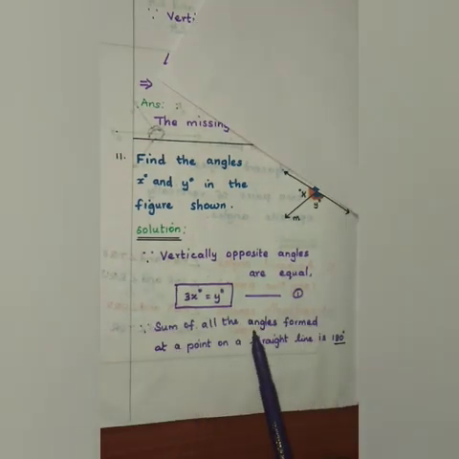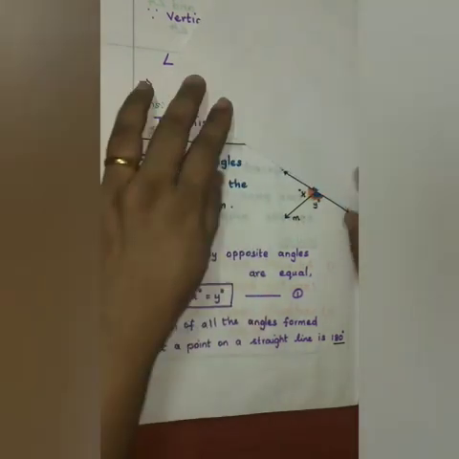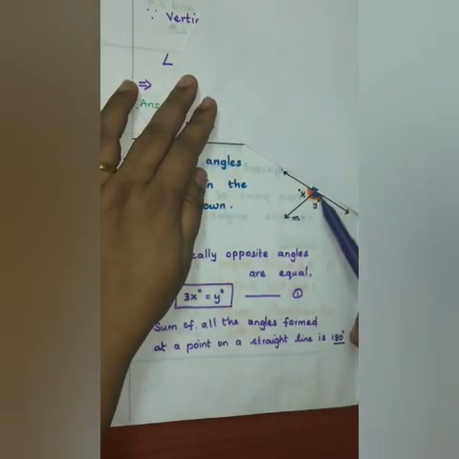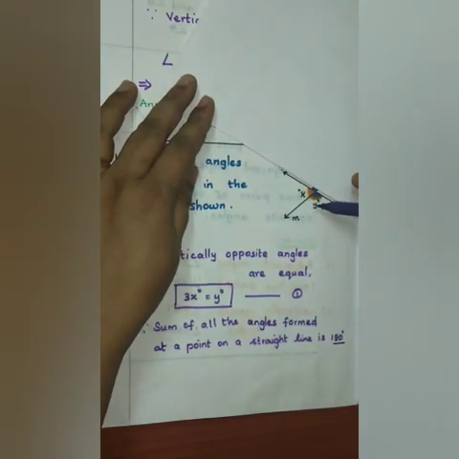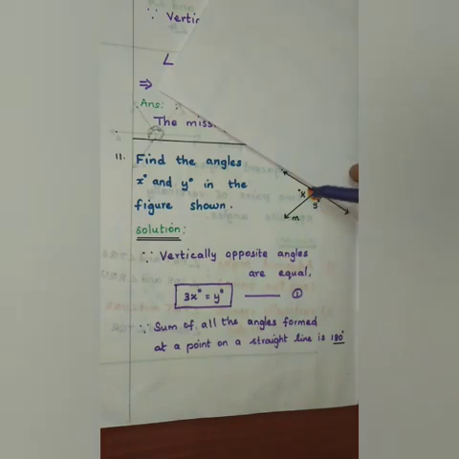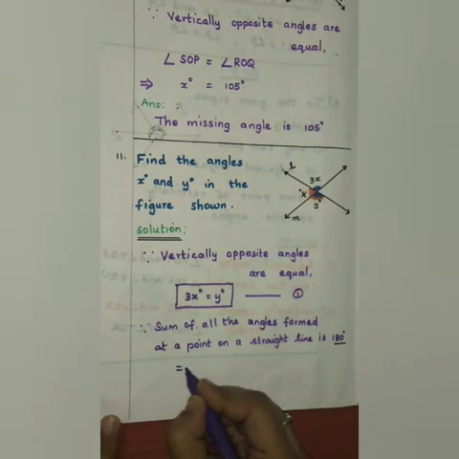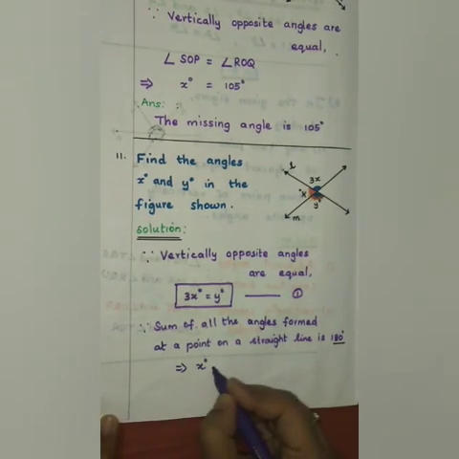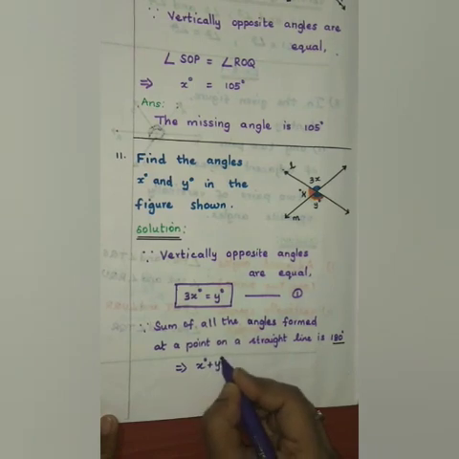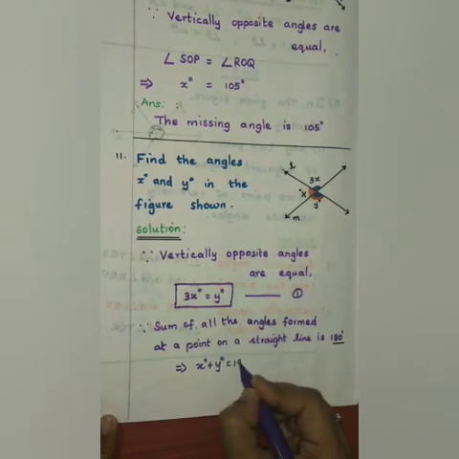Since the sum of all the angles formed at a point on a straight line is 180 degree, here the angles x degree and y degree are formed at this point on a straight line. So when you add these two angles, you must get 180 degree. So x degree plus y degree equals 180 degree.